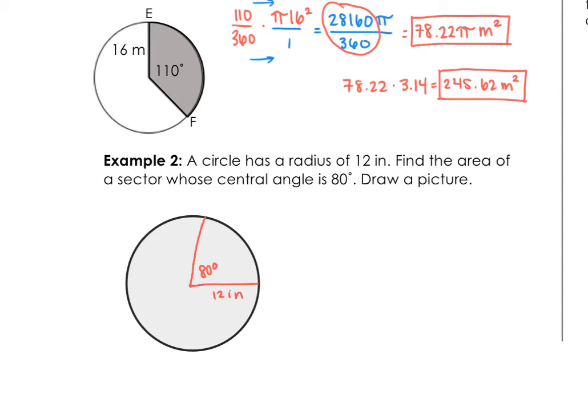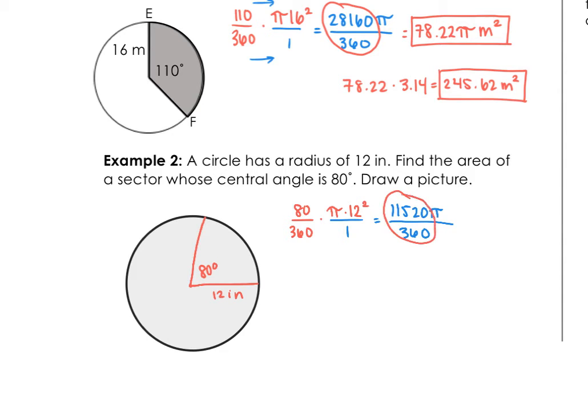All right, so using our formula, it's the fraction of the circle, which is 80 over 360, times pi times my radius squared. Then we multiply everything straight across. So 80 times 12 squared is 11520, and then we put on the pi at the end because we're leaving it in terms of pi, and the denominator is 360.